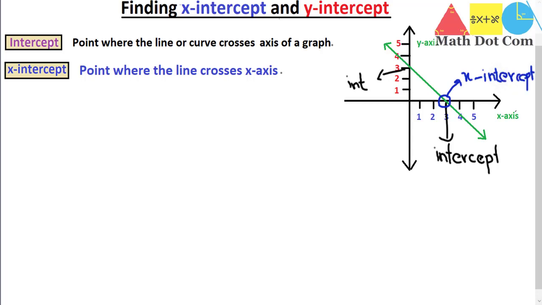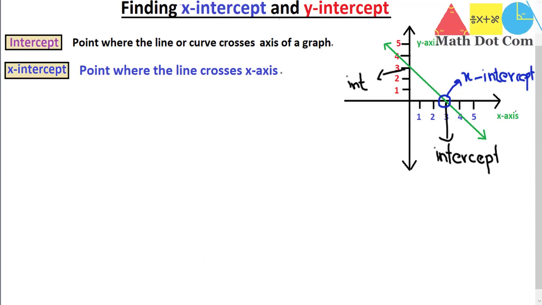So it is clear that the x-intercept is the point where we have a value of x but the value of y is 0. This point lies on the x-axis, and at this point we have y equals 0. As we know, on the x-axis y equals 0, and on the y-axis x equals 0.